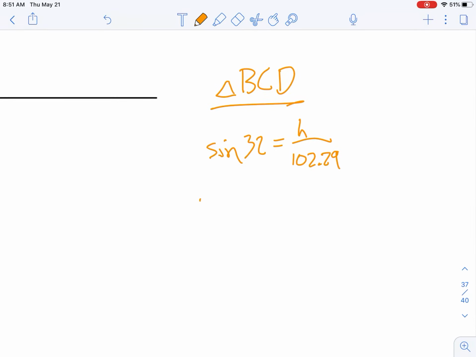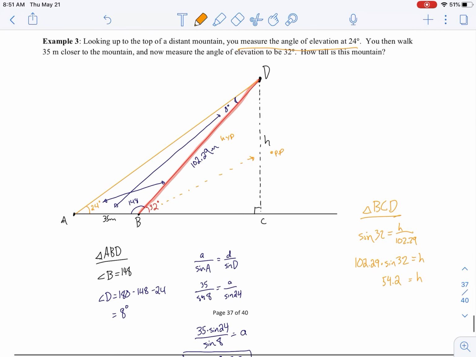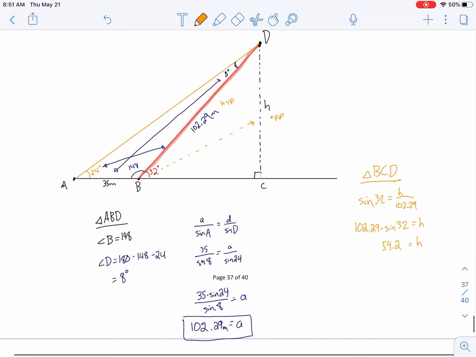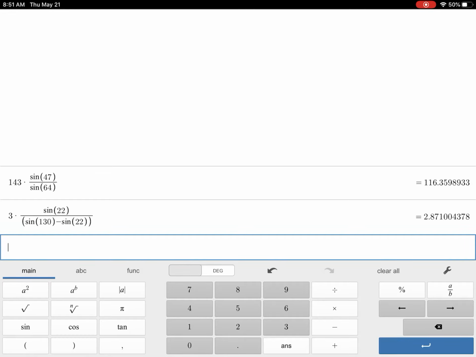Multiplying both sides by the denominator, 102.29 times the sine of 32 degrees is equal to h, and we get h being 54.2 meters. Let's double check that with my calculator here: 102.29 times sine of 32.